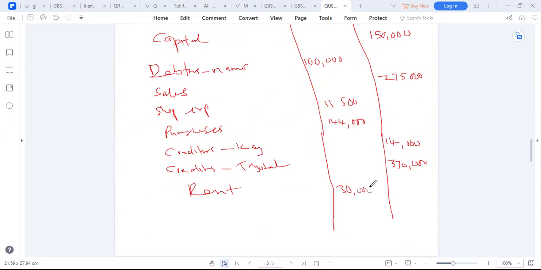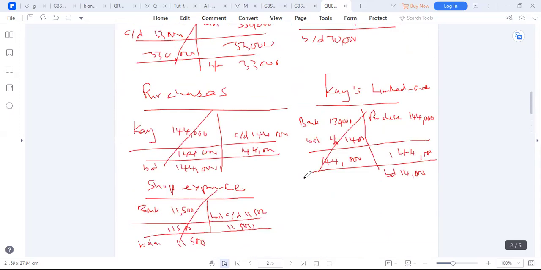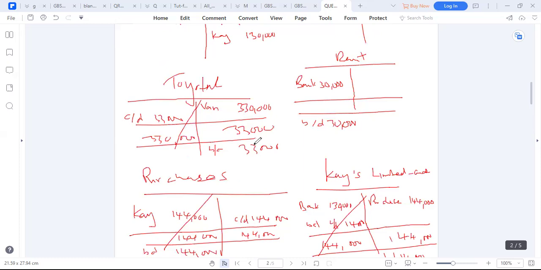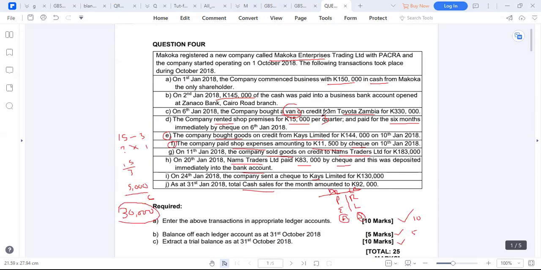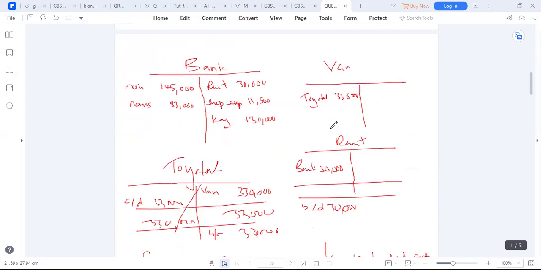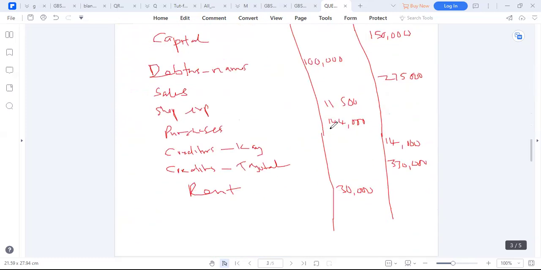Toyota, is that 330 or 33,000? Toyota's 330, isn't it? Did I miss something? Because I just wrote 330 on Toyota here. So 330 here.